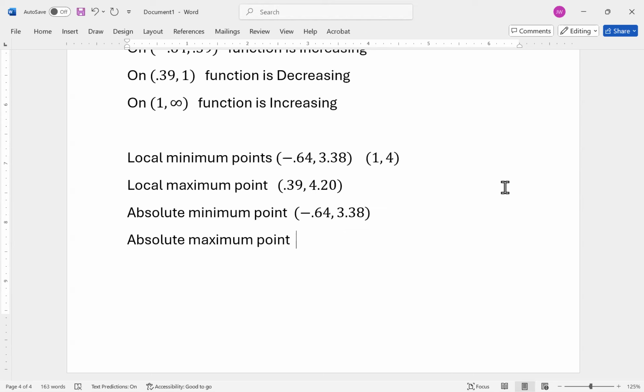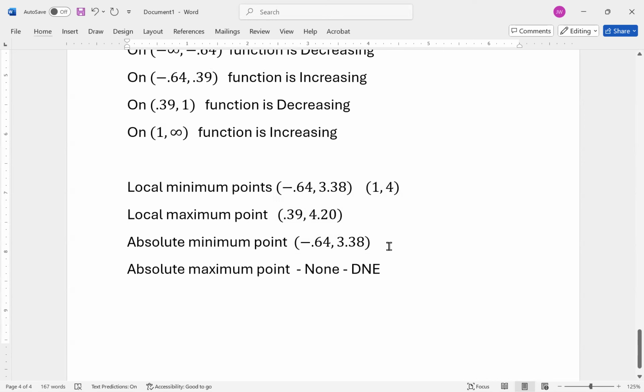The absolute maximum point, we're either going to say there is none, or we're going to say the absolute maximum point does not exist. So 2 ways of saying that. There you go. So we have, in this case, 2 local minimums, 1 local maximum, 1 absolute minimum, and no absolute maximum points and values.